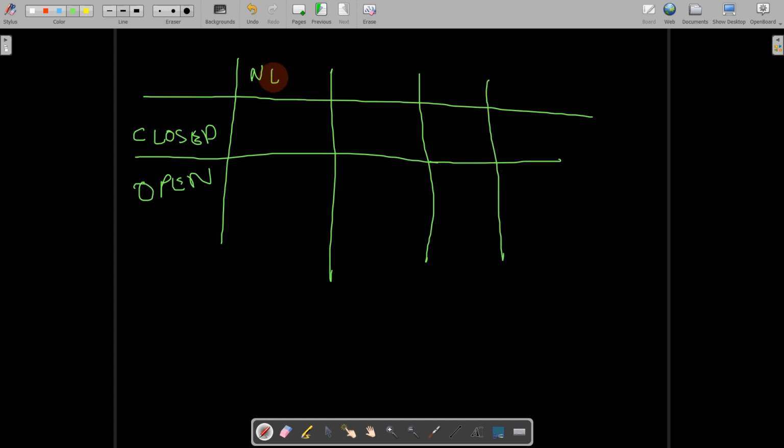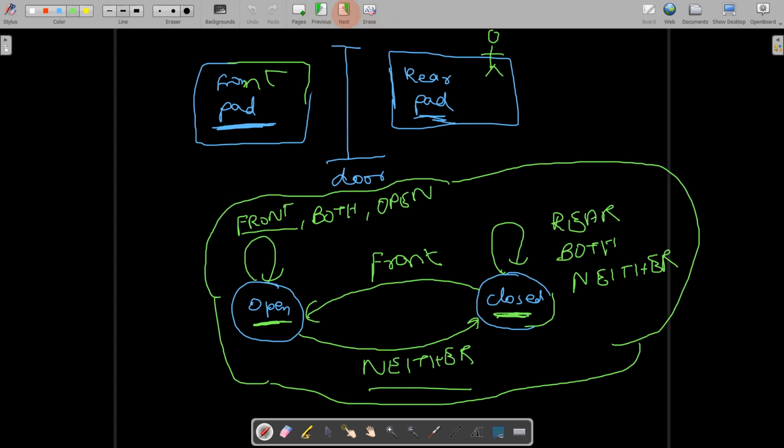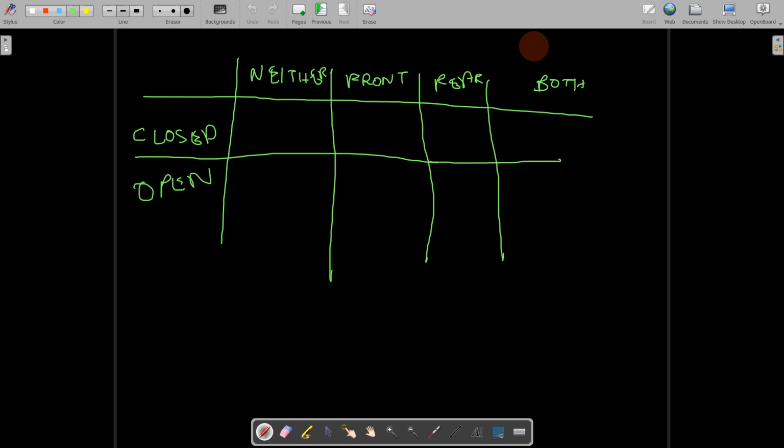These are the inputs: neither, front, rear, and both. This diagram, this graph only, I am converting it into a matrix, okay?